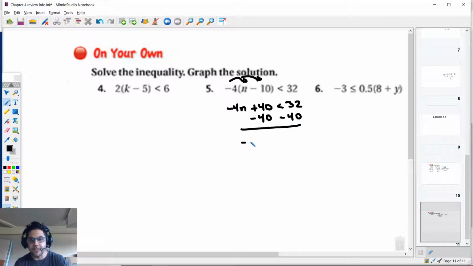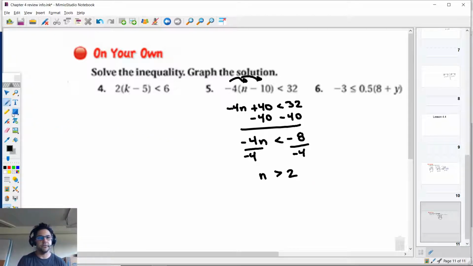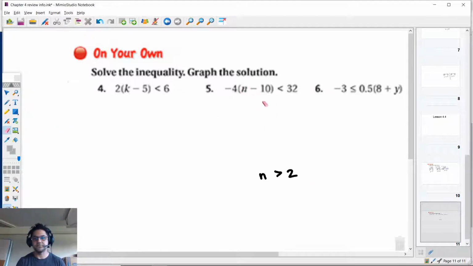Negative 4n is less than negative 8. All right, it says negative 4n. So therefore, when I divide by a negative 4, I must reverse the inequality sign. Negative divided by negative is positive. 8 divided by 4 is 2. Keep that in mind. N is greater than 2. One more time, n is greater than 2. But hey, you can back it up if you forgot it.